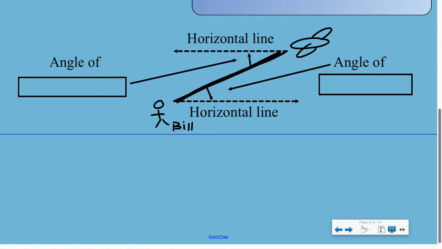This angle here, that's touching the top horizontal line, is it above this line or below this horizontal line? Below. So if you have an angle formed by a horizontal line and the line of sight, and it's below the horizontal, then this is an angle of depression. And that's because it's below the horizontal line.